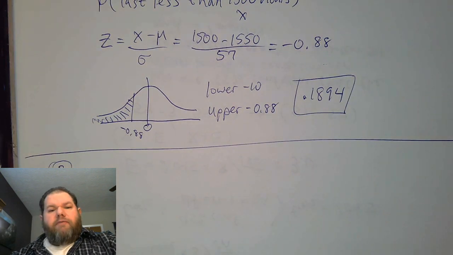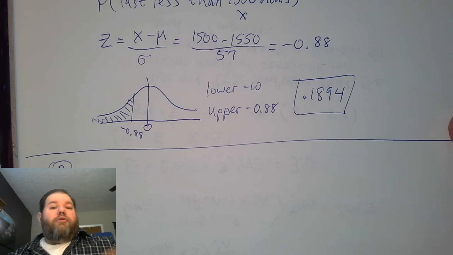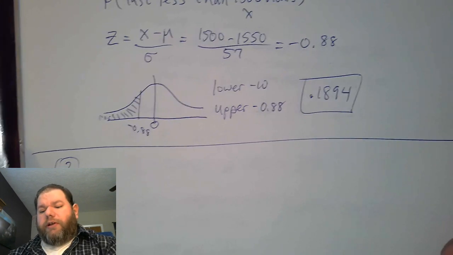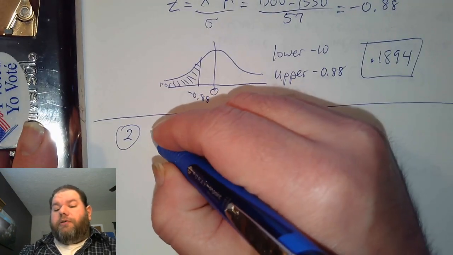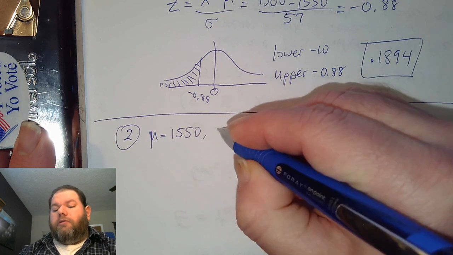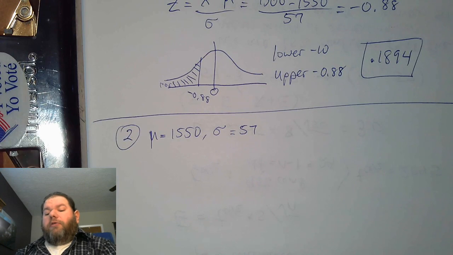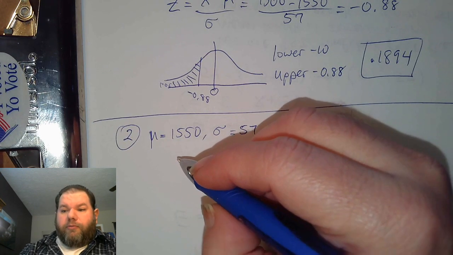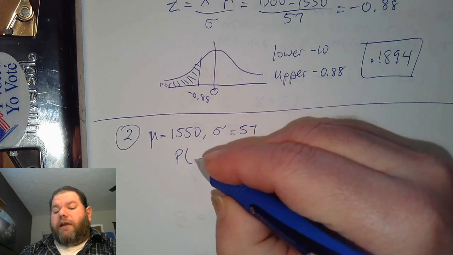In the Canvas quiz I've repeated the header that went with the first one so that there's no confusion as far as what data we're using. But we'll use the same mean and standard deviation as before. And we want the probability that the light bulb will last between 1500 and 1650 hours.